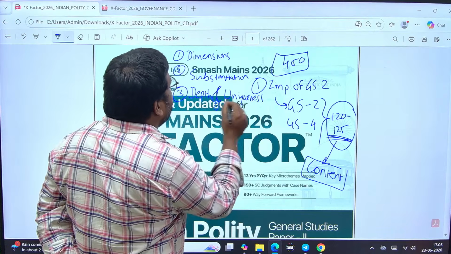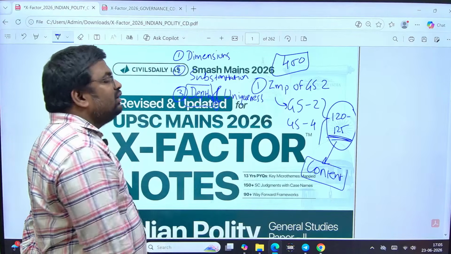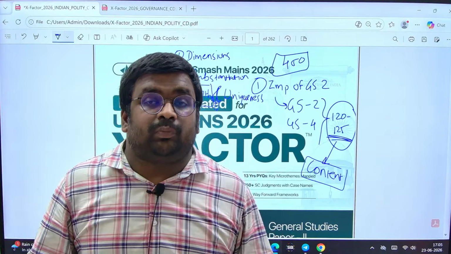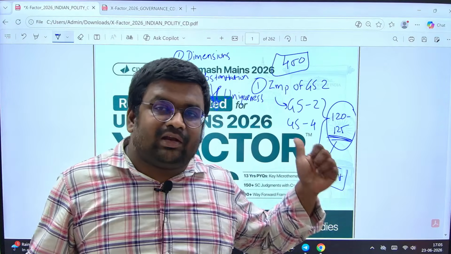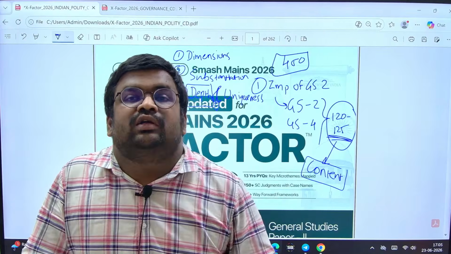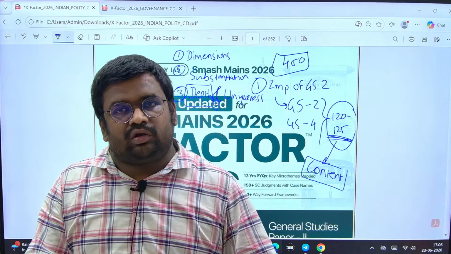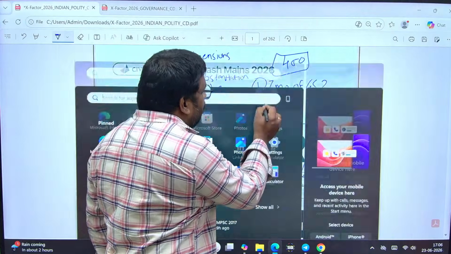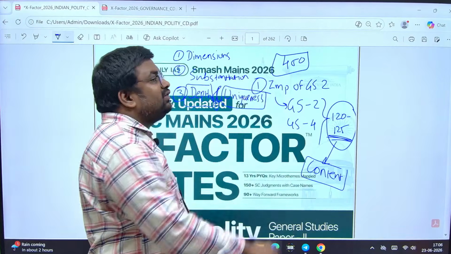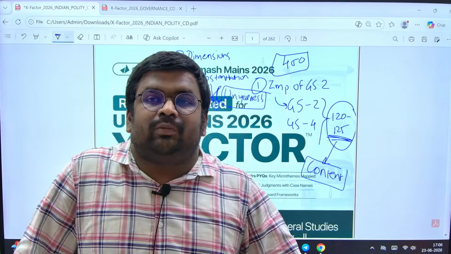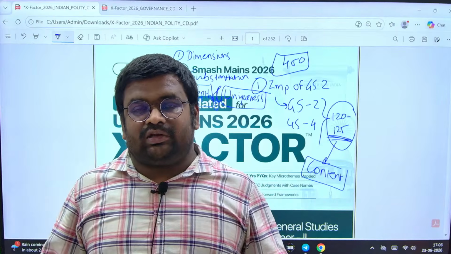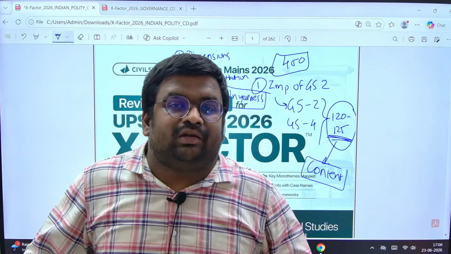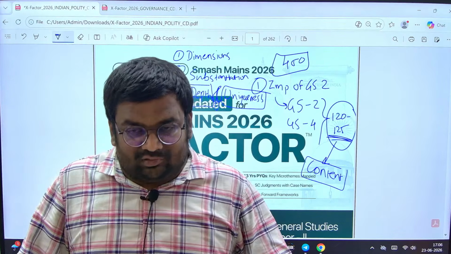Content depth means highlighting committee recommendations and specific Supreme Court judgments, which show the depth of your knowledge, or the use of scholar views or quotes. Uniqueness involves the examples you put in, giving global best practices or state level best practices, which makes your answers stand out among the other answers.